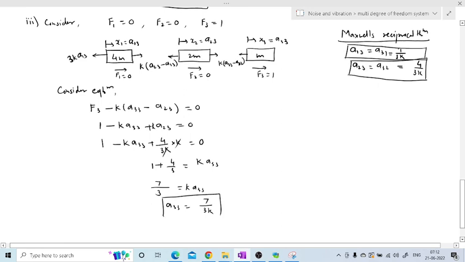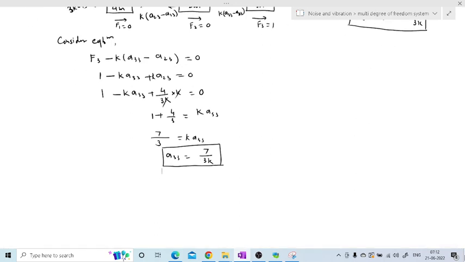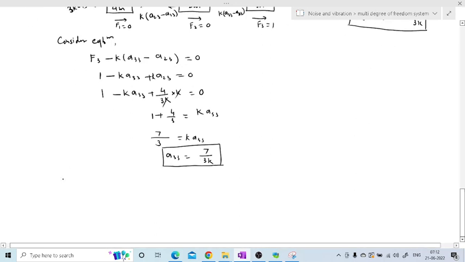See, by Maxwell's reciprocal theorem, we have value of A13, now A23, and now we got A33. Now we got all the answers. So I am going to write the answer here.